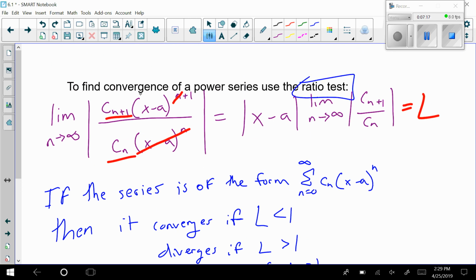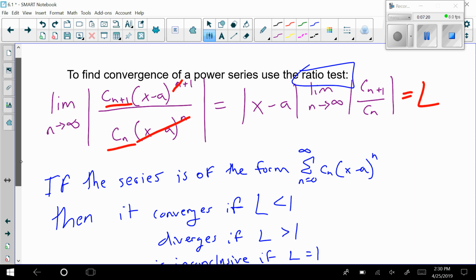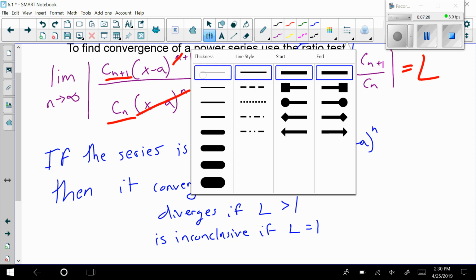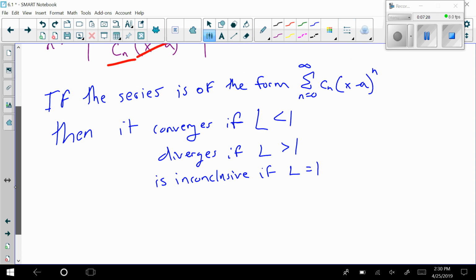Now it says find the convergence. Well, if you're going to find a convergence, we should probably know something about this thing called a radius of convergence.